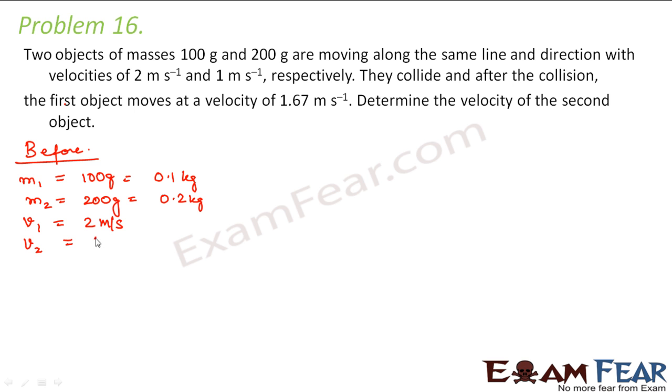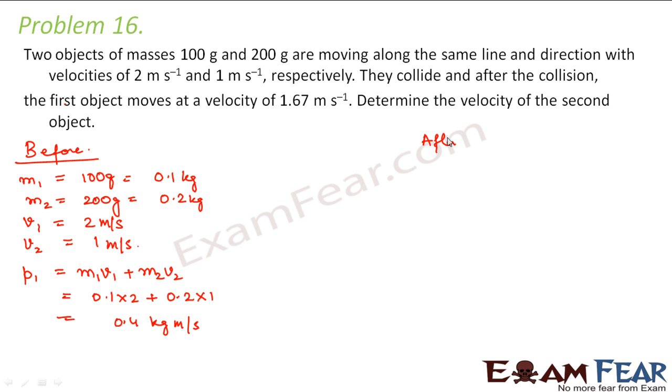Velocity with which the second object is moving is 1 meter per second. So what is the total momentum before collision? It would be m1v1 plus m2v2. That is equal to 0.1 into 2 plus 0.2 into 1. So this is equal to 0.4 kg meter per second. So this is the total momentum before collision.